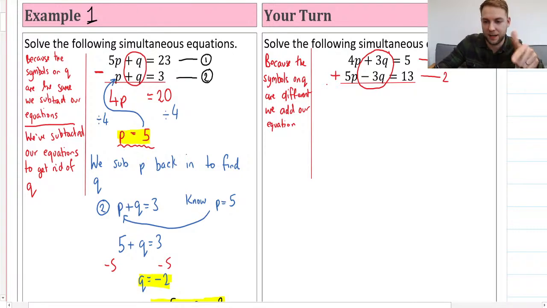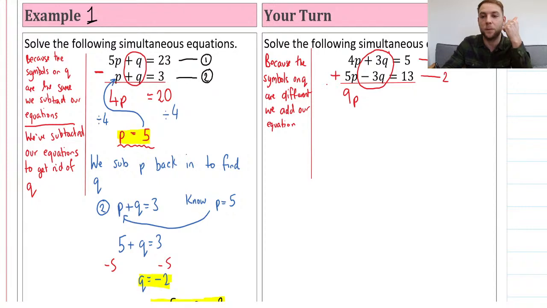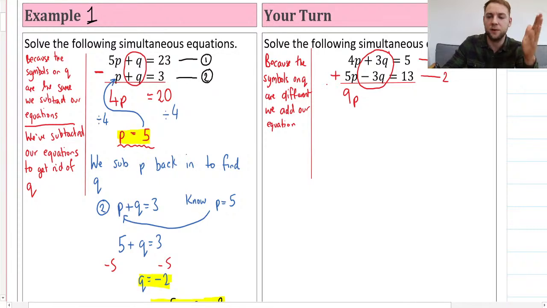4p plus 5p is equal to 9p. Now, what is 3q plus minus 3q? Well, 3q plus minus 3q is equal to nothing. That's the whole point. So that's eliminated there.